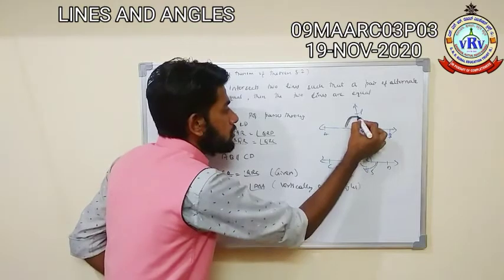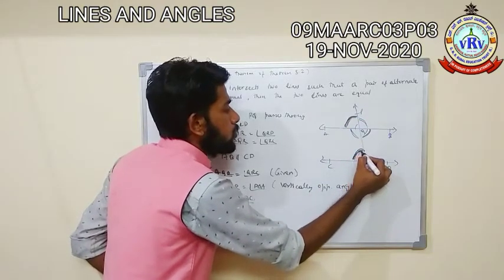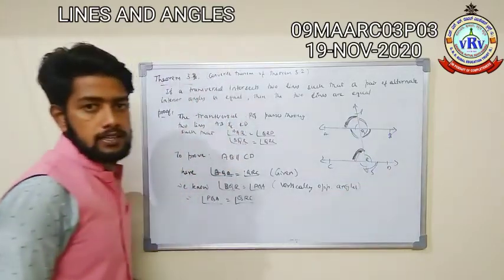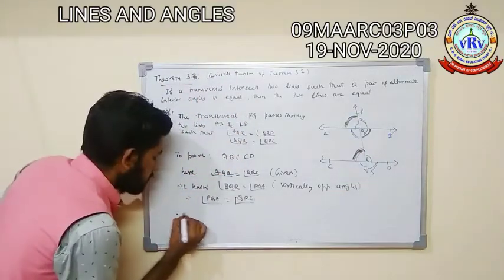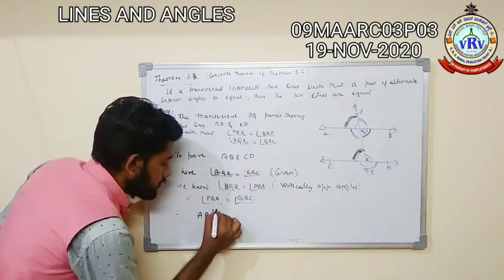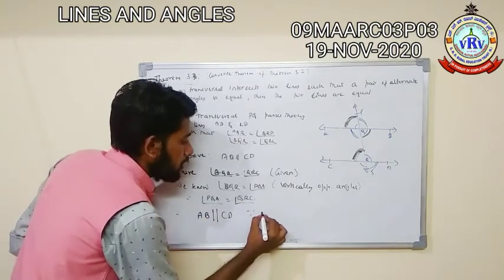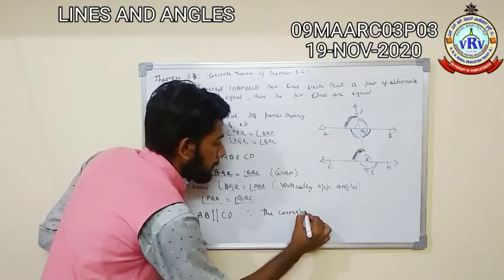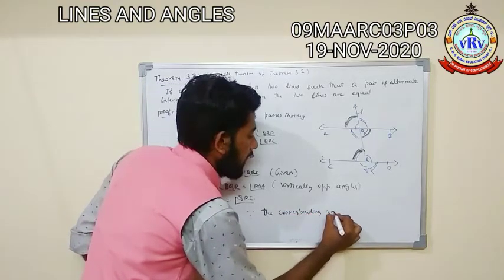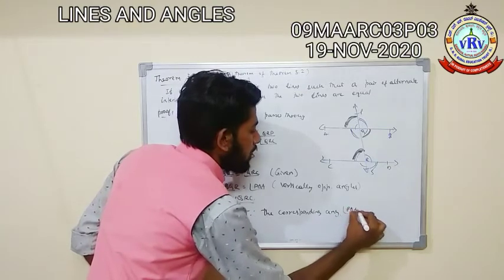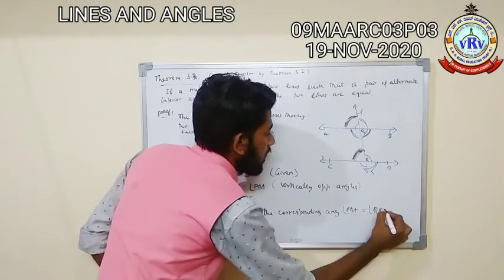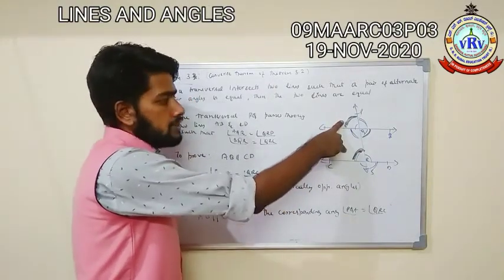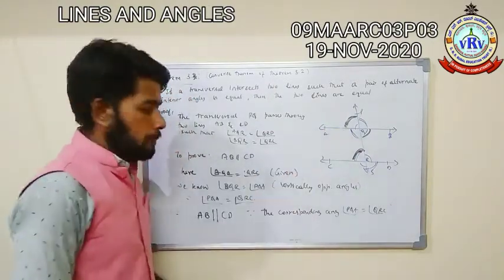Now just observe this thing. These two are the corresponding angles for two lines and this transversal. And therefore AB is parallel to CD, because the corresponding angle PQA is equal to QRC. Since the corresponding angles are the same, these two lines are parallel.